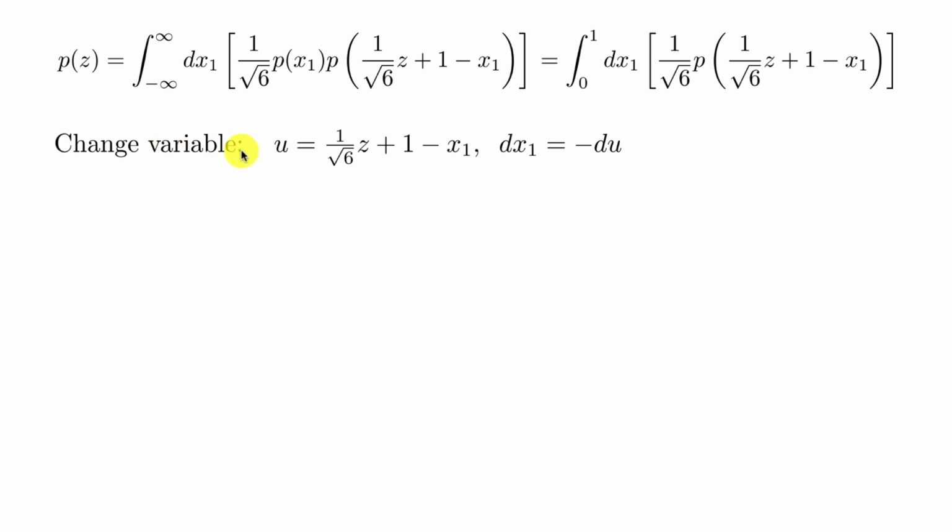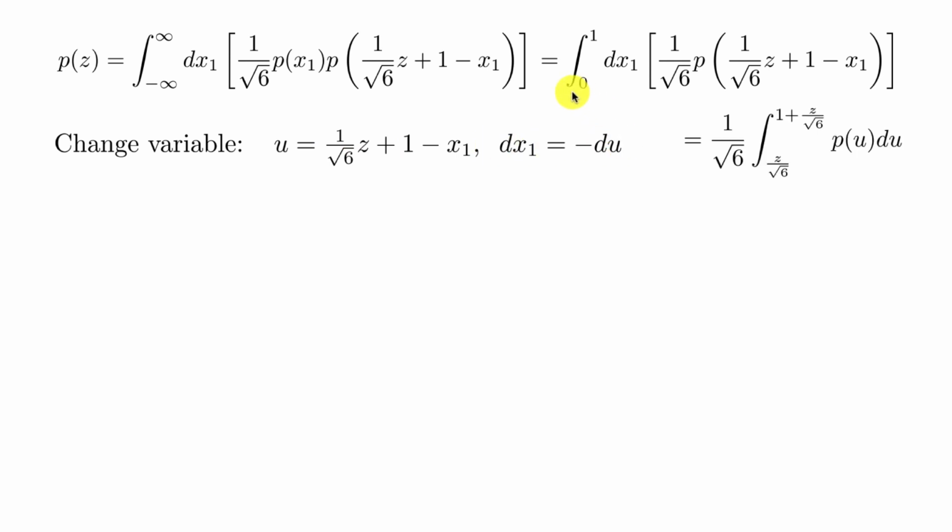Well, I'm going to define a new variable. I'm going to change variables to u. This u is what occurs inside over here, 1 over square root of 6 z plus 1 minus x1. Now we are holding z fixed. Remember that z is occurring over here. We are not integrating over it. So dx1 is the same as minus du.